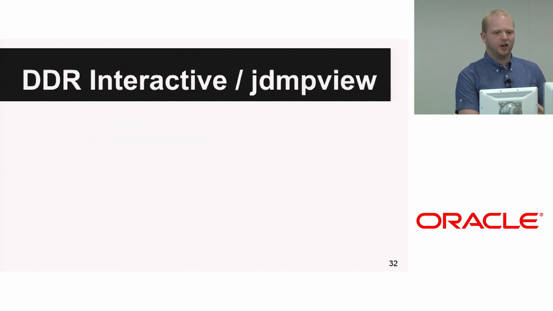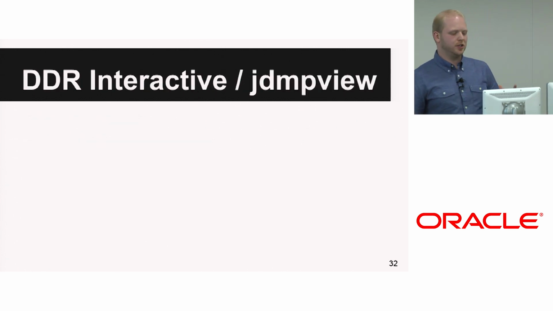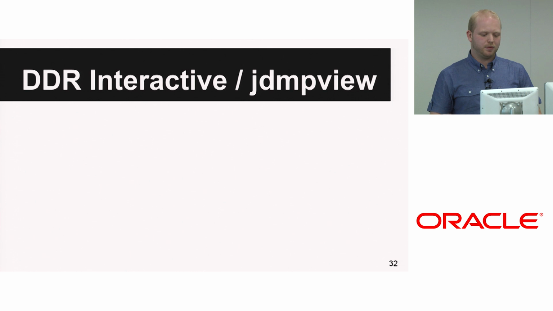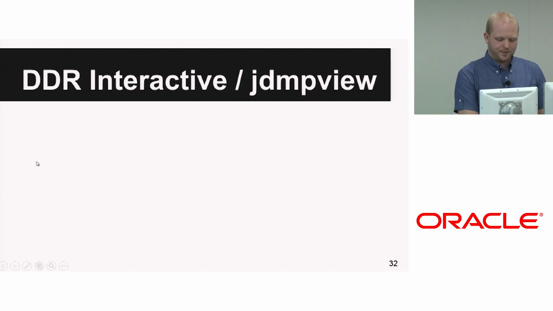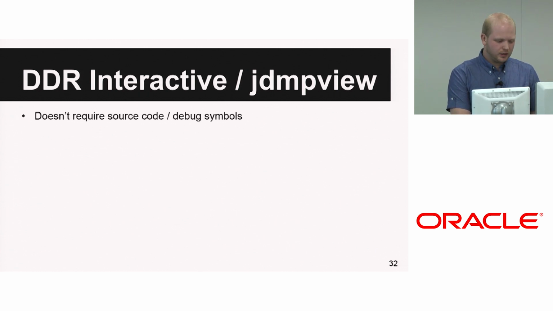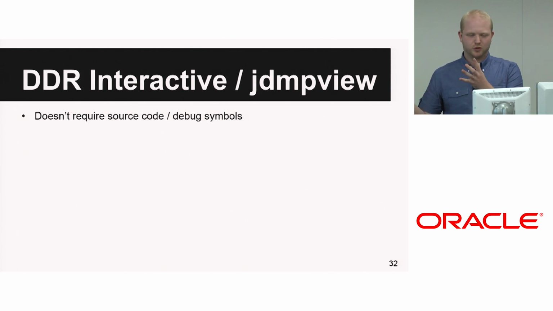So if you look at DDR Interactive or jdmpview, which is the tool I've been talking about, DDR comes with this API which we expose through an executable that we ship, and that's jdmpview. Because of that structure blob that I mentioned inside the core dump, we don't require any source code or debug symbols for certain operations.